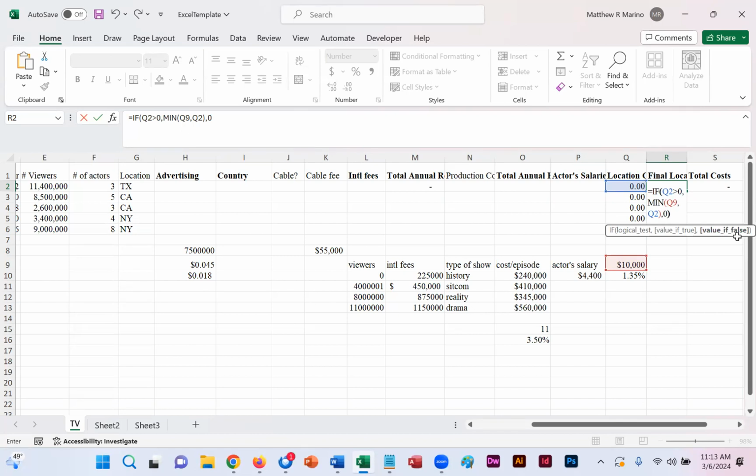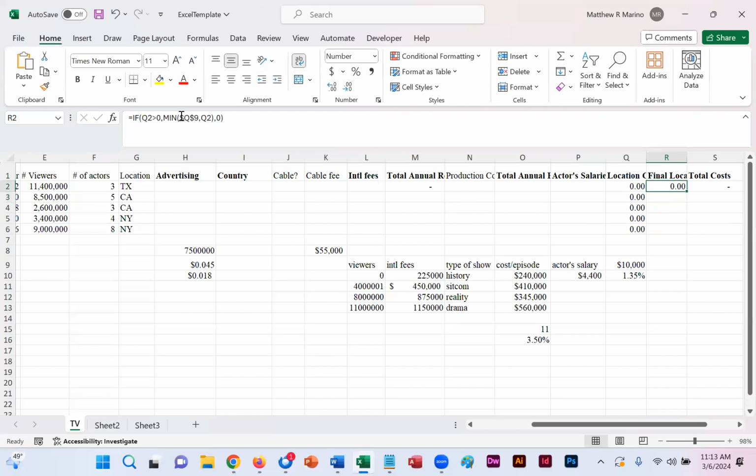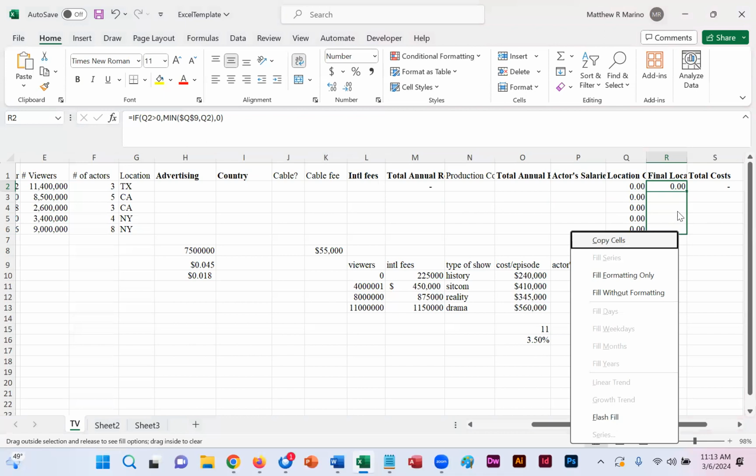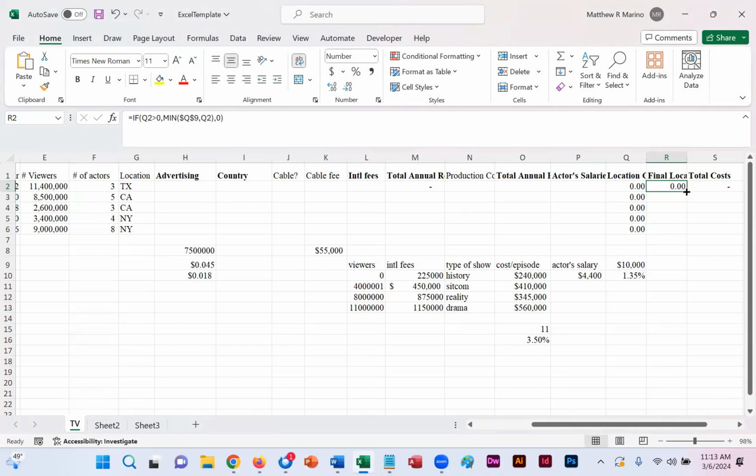Otherwise, it's 0 because the location is 0. But wherever you put that 10,000 also has to be an absolute. So right now, these all say 0, but that's simply because I haven't done any of the other calculations.